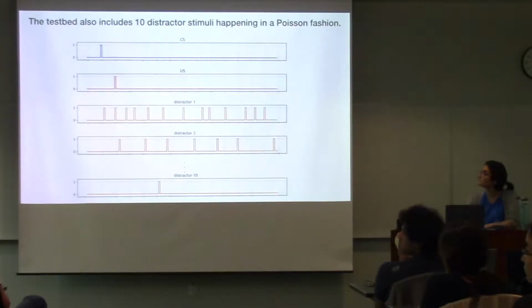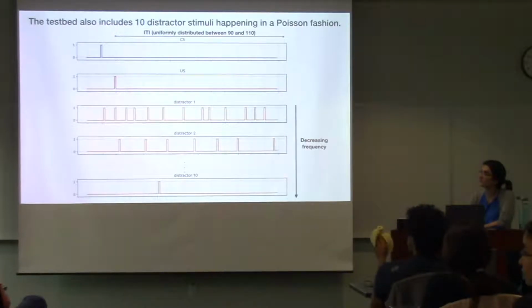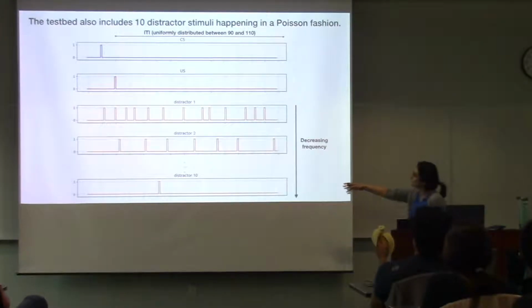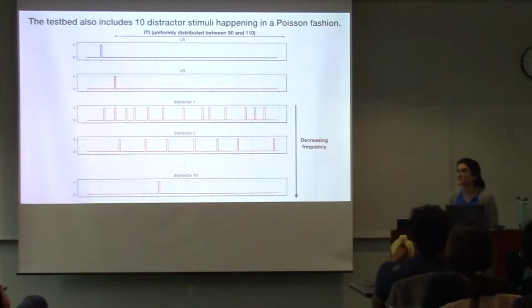In the previous slide, can I think of this long period of time as the lead-up until the next time we see the CS? Yes, yes. So here, the next CS is happening. Is the least common distractor more common than the CS, or less common?